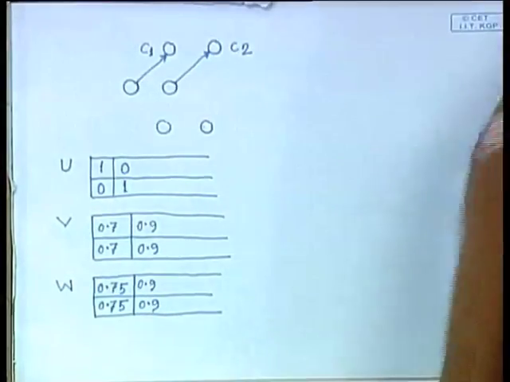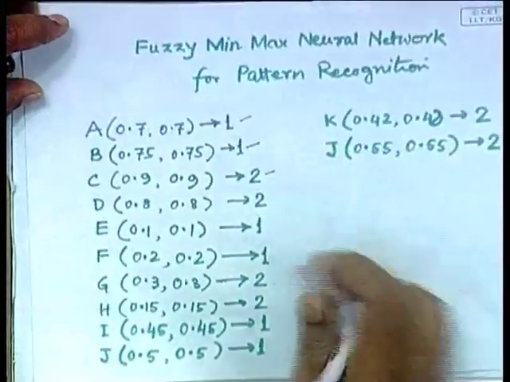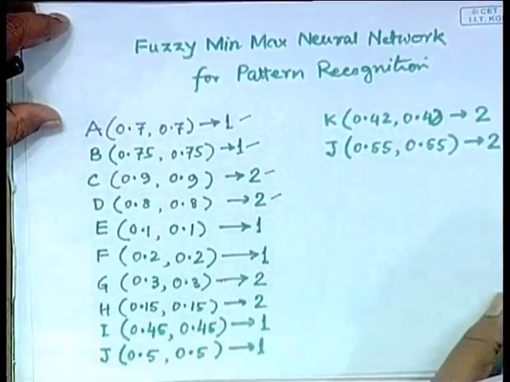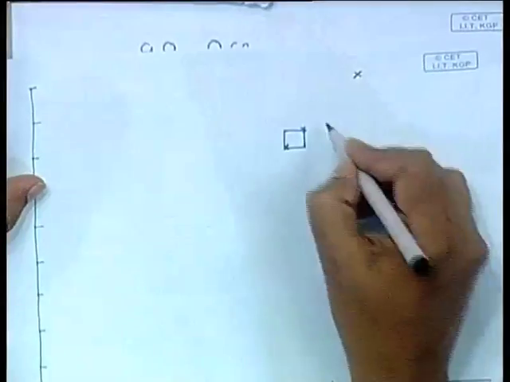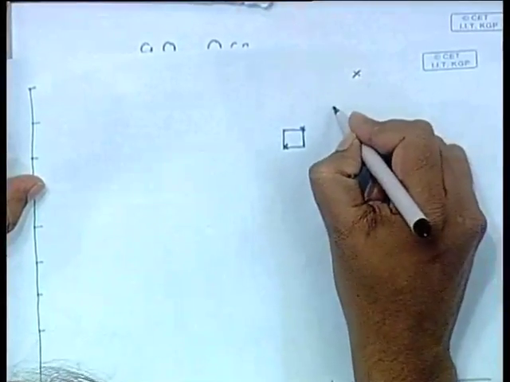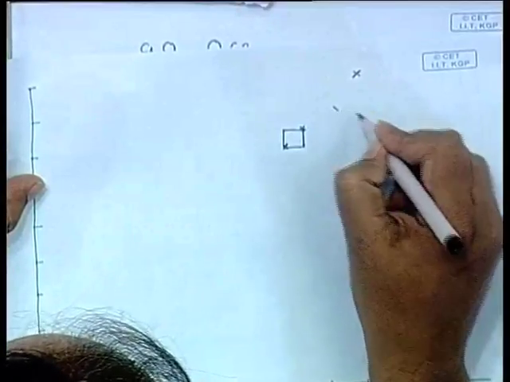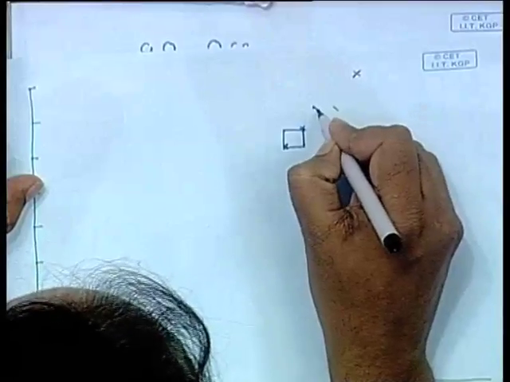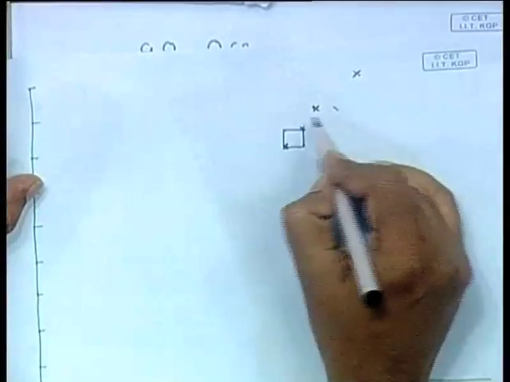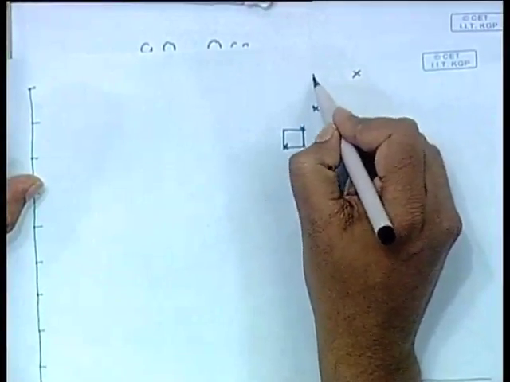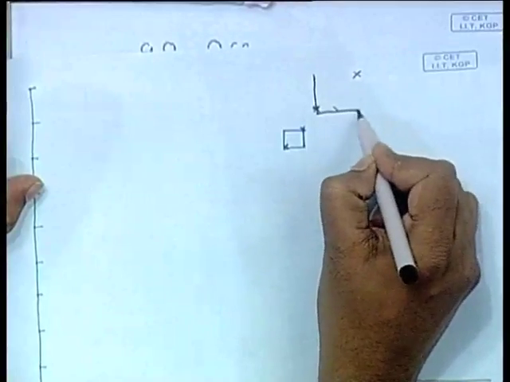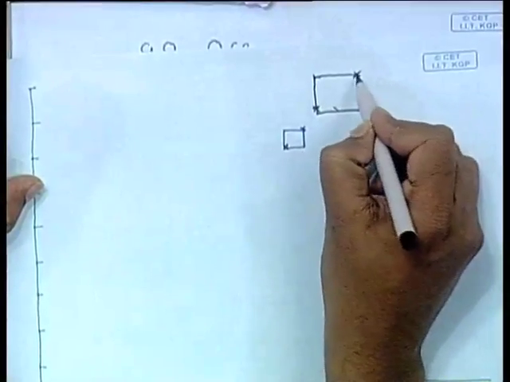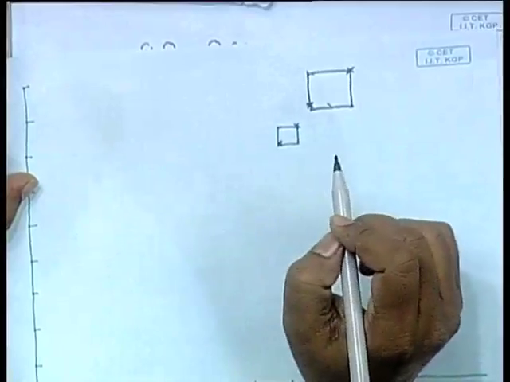Then I take the next point, 0.8, which also belongs to class C2. It comes here, and assuming this hyperbox can be expanded to include this point, I expand the hyperbox to include it.